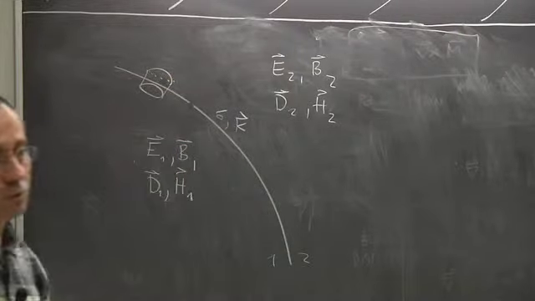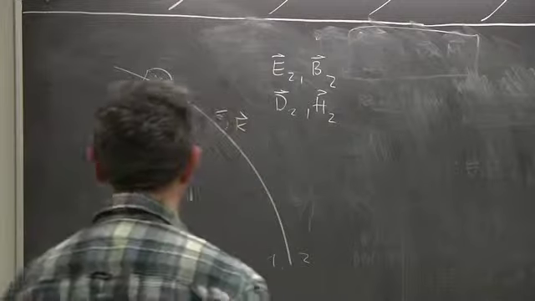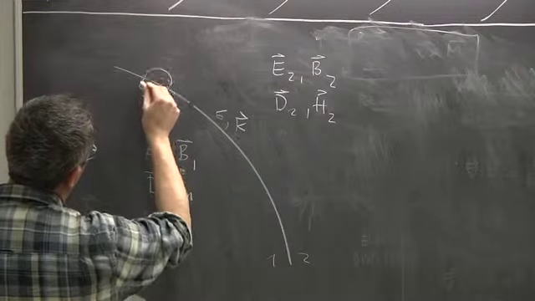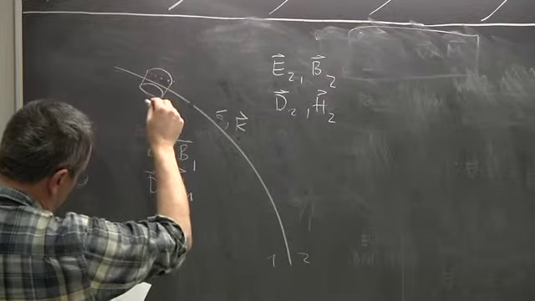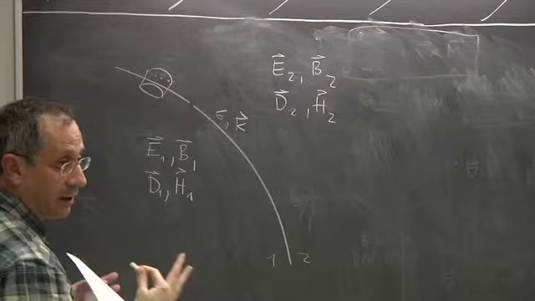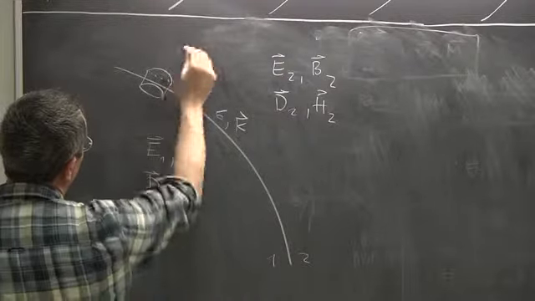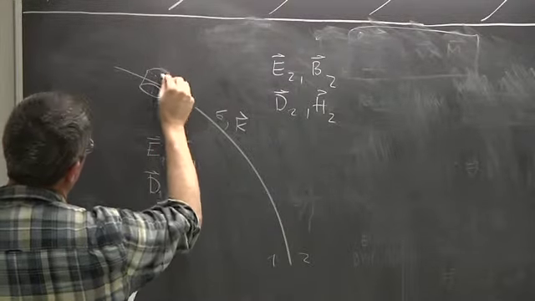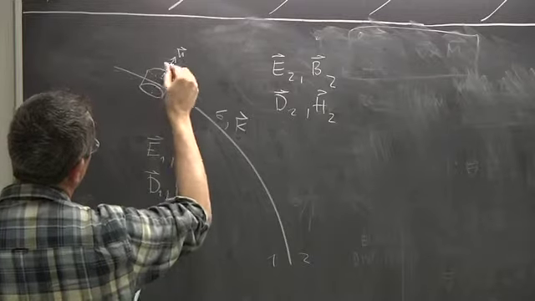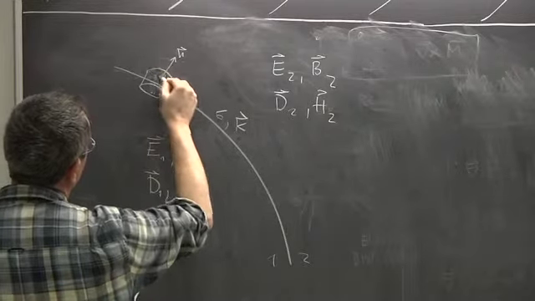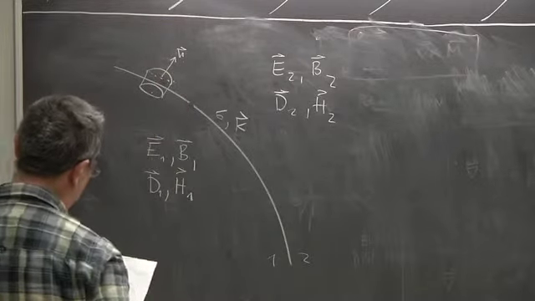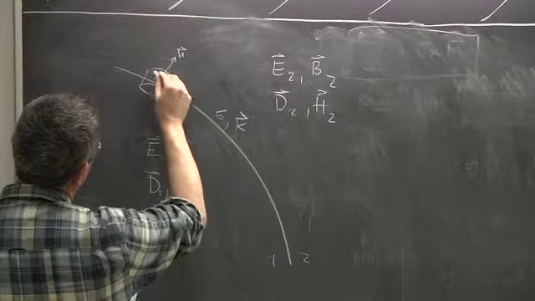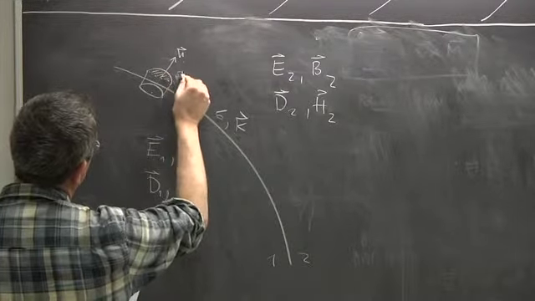I take it very small in such a way that I have essentially no contribution leaking through the sides of this cylinder, and all the flux goes through this face to the other one here. Therefore I introduce a vector n that is normal to the surface of this tiny cylinder. And this is a cylinder, so it has a surface S and a volume V.